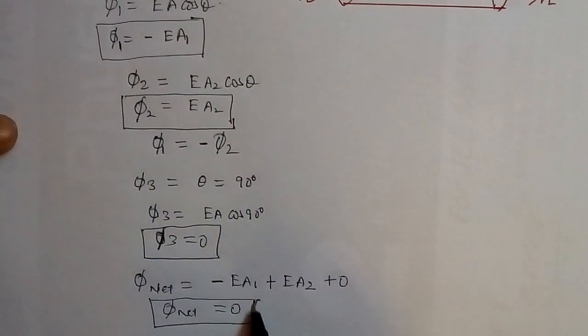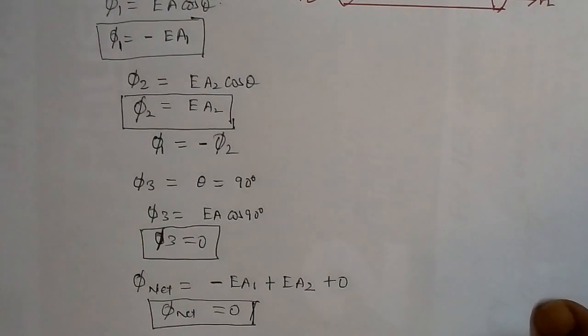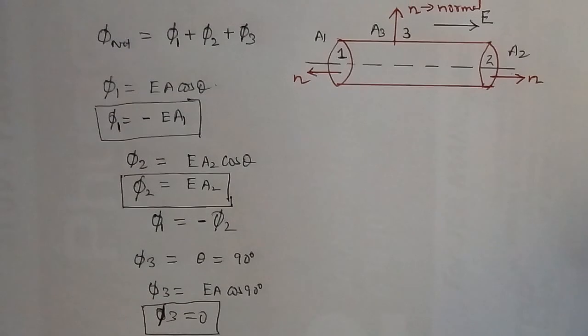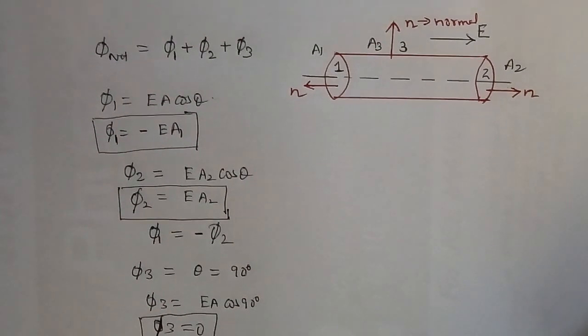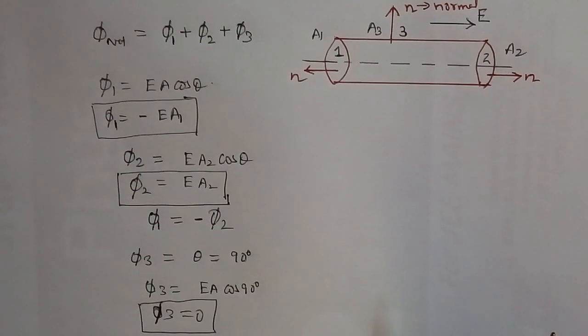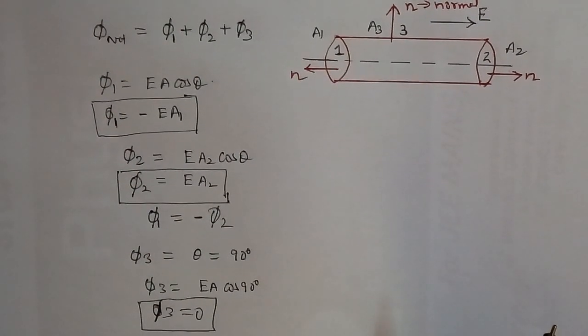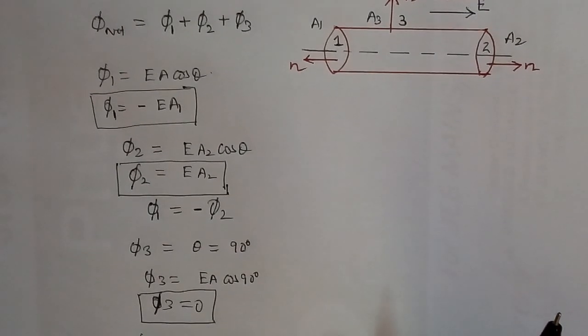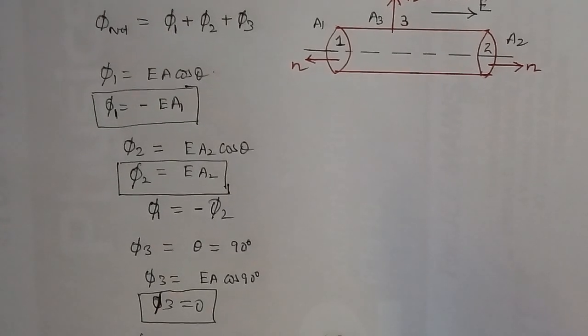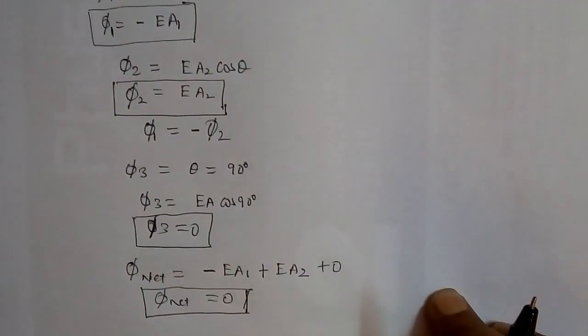So this is what we wanted to prove: for any uniform electric field, if a cylinder or any closed surface is kept in a uniform electric field, the net flux will be 0, considering the fact that there is no charge enclosed by the closed surface. So if there is no charge enclosed by the closed surface and the surface is kept in a uniform electric field, then obviously the net flux will be 0.